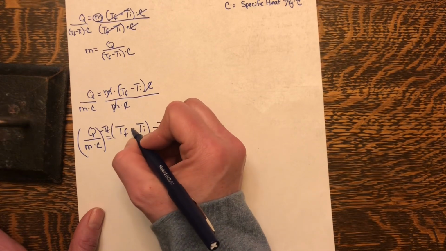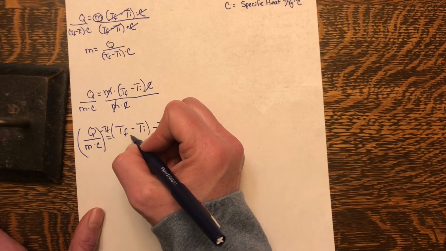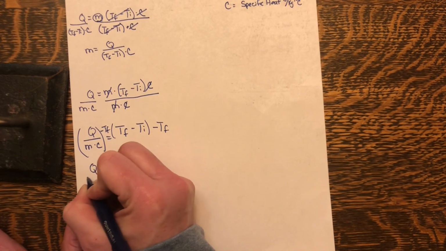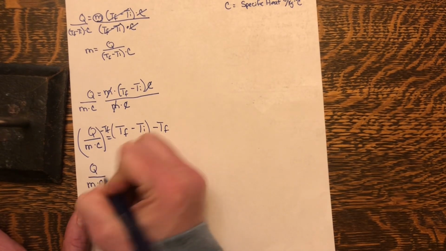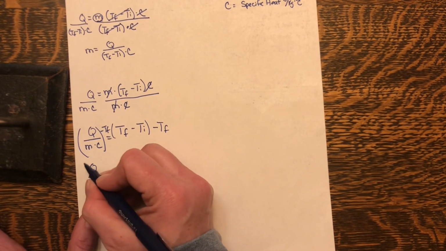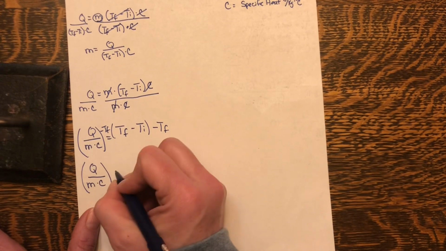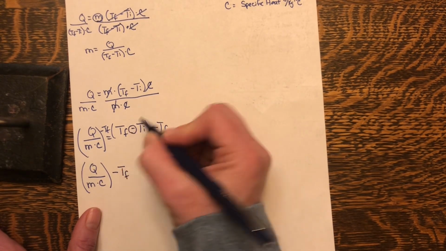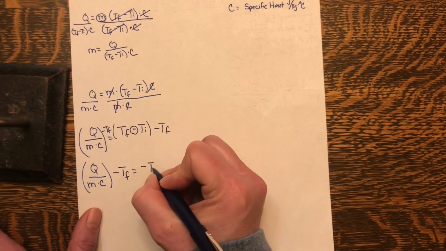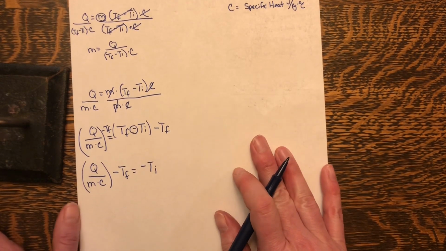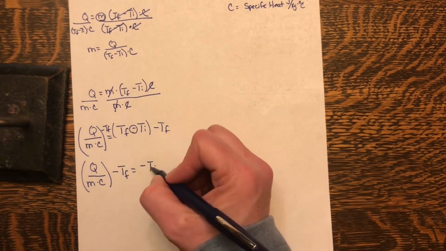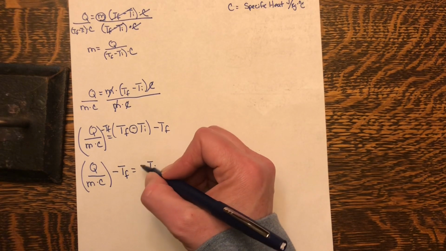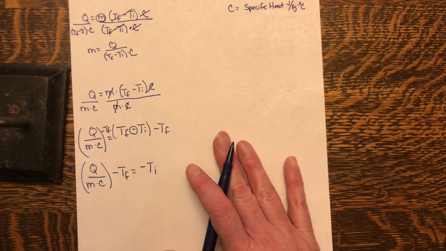And then we'll get my thermal energy divided by my mass times my specific heat, minus my temperature final, equals negative temperature initial. And so when you get your number, just make sure that you're cognizant of that negative sign.